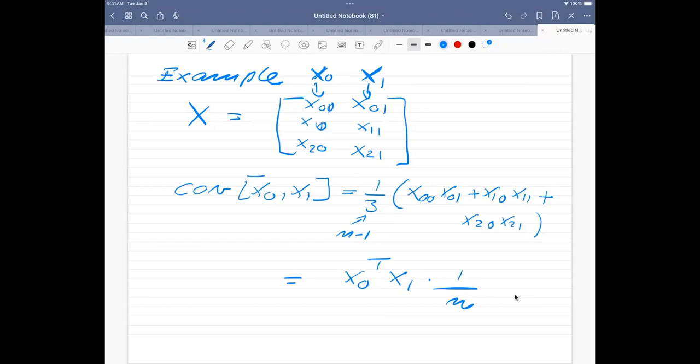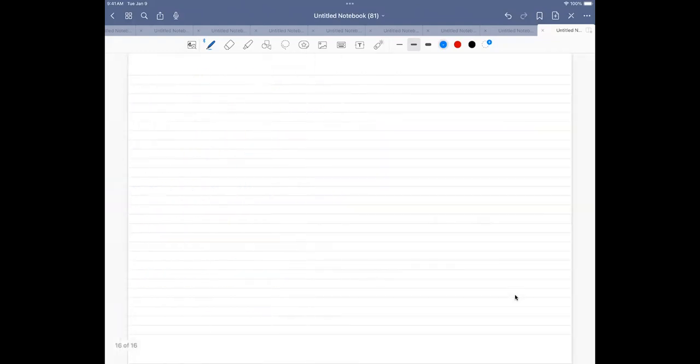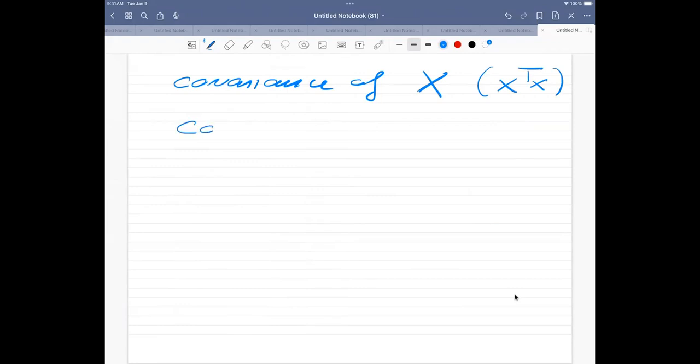So that means that I can define my covariance of the whole matrix. So the covariance of the matrix X is the same as X transpose times X. So when I write covariance of the matrix X, or the feature matrix, that is the same as calculating 1 over n of X transpose times X. And this has a dimensionality of p times p, the number of features which we have.